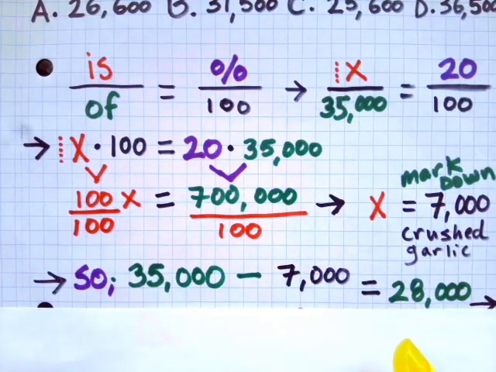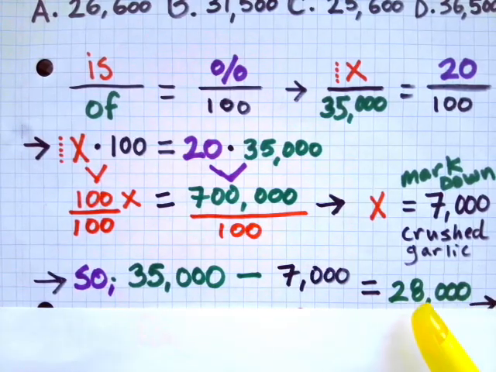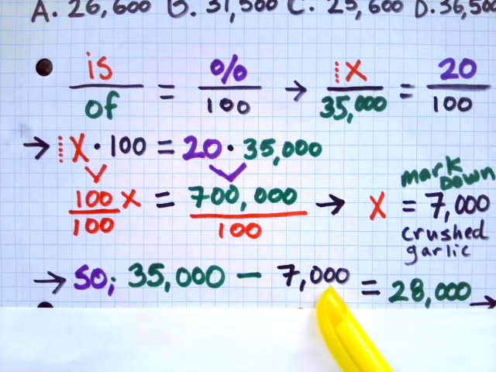Say that 5 times fast, right? Good garlic cloves remaining to sell, right? So if you remember in the question, you can rewind it and review and check it out. 20% of the 35,000, that's 7,000 are no good. They're crushed. So I have to subtract that. That's a markdown. That leaves me 28,000.